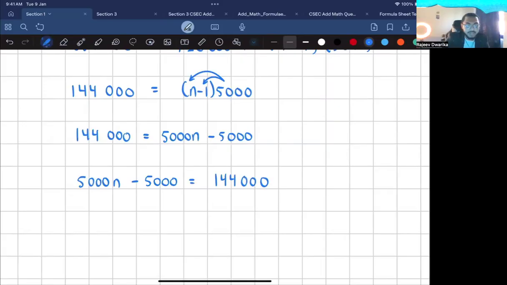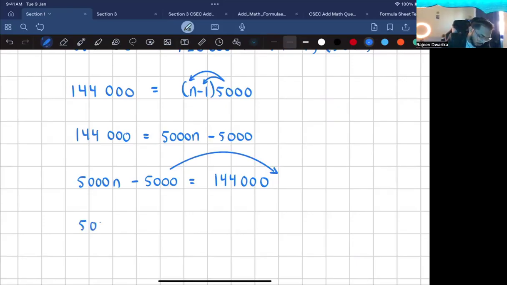And so Kiara, what would I do next if I want to find n? Now I would have to carry across the minus 5,000. If I carry across the minus 5,000, it's gonna do what to the 144,000?